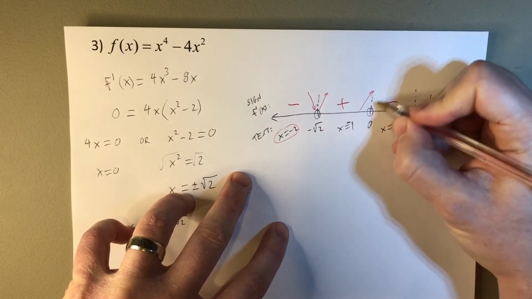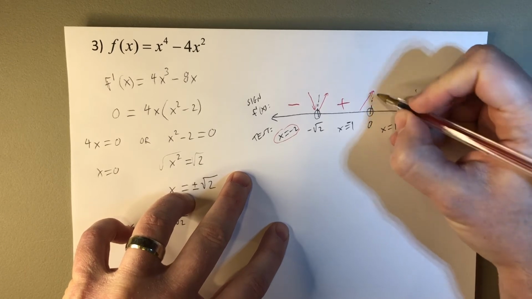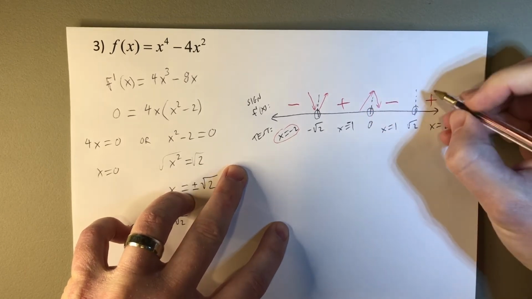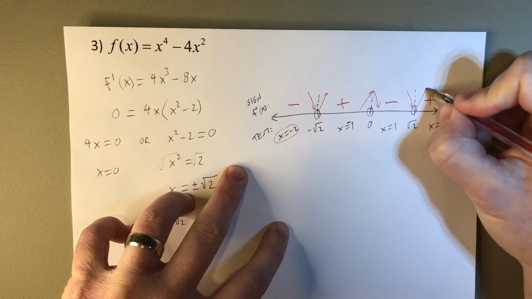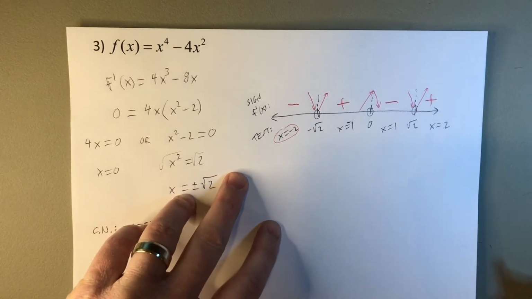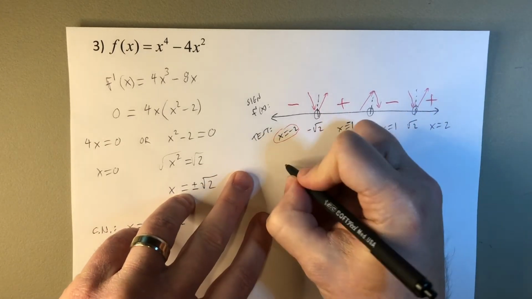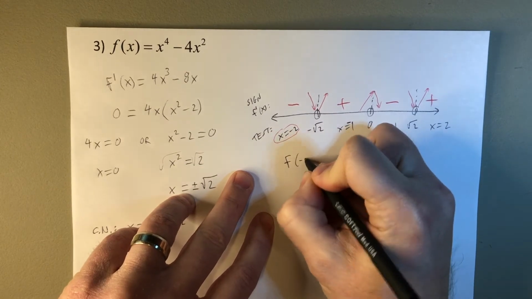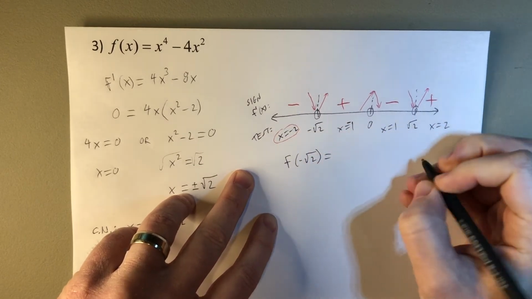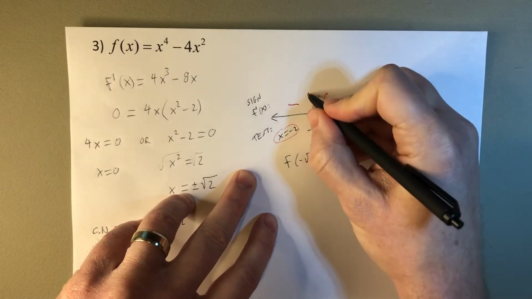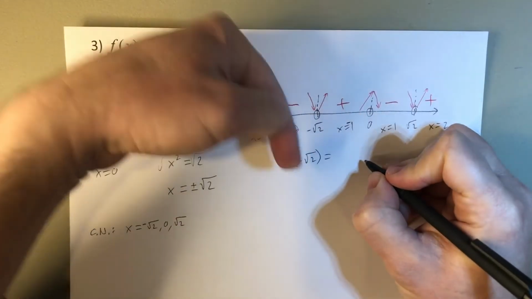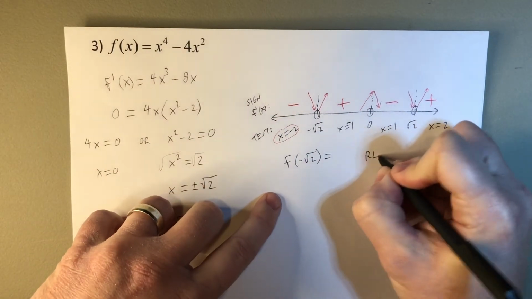But I'm just focusing in on what's going on right at this critical value. And then you go down, and then you're down here, and you go up. So we're going to have 3 different points, right? So f of negative radical 2 equaling something will be a what? Down, then up. So because you're going down first and then up, it's going to be a relative what?